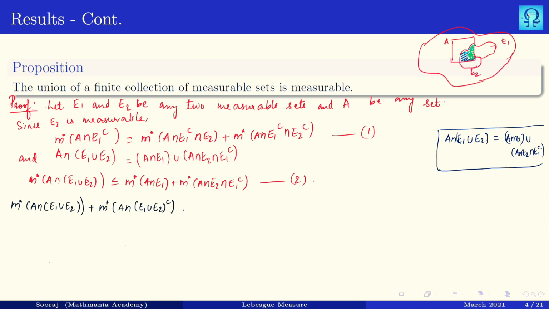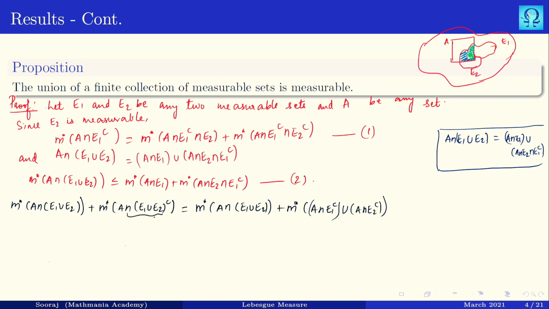This is m star of A intersection E1 union E2 with m star of this, which is A intersection E1 complement intersection, actually when I make a union, this quantity union A intersection E2 complement.